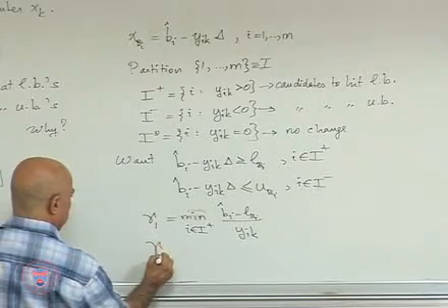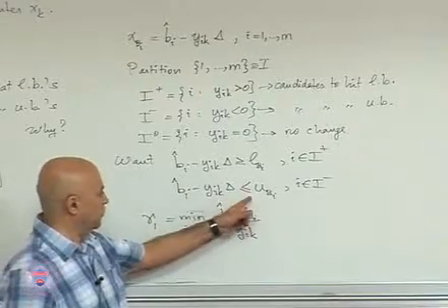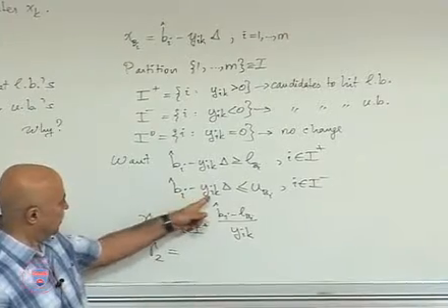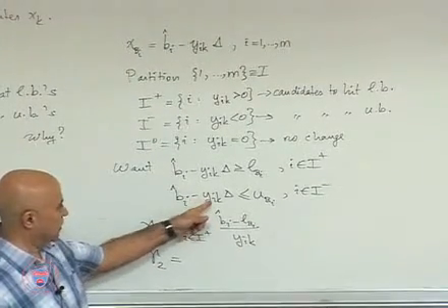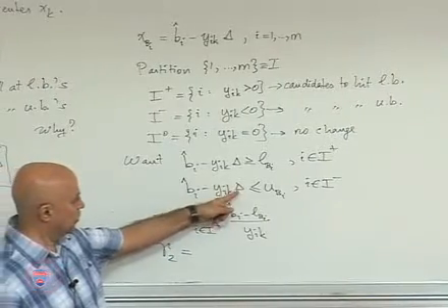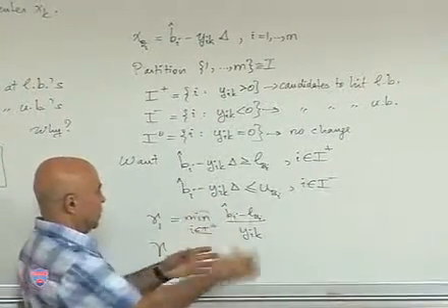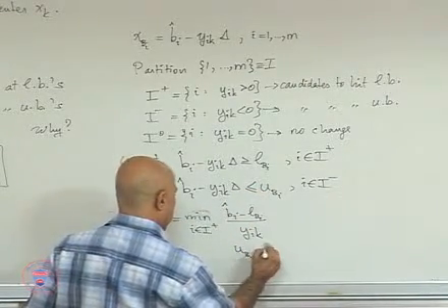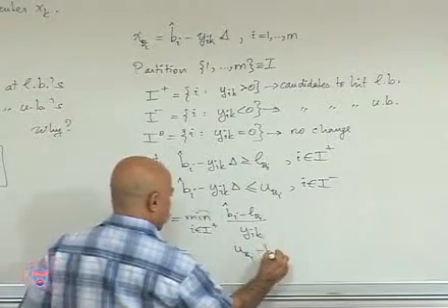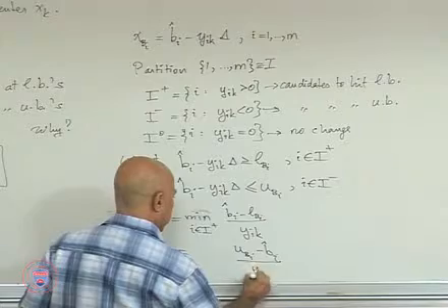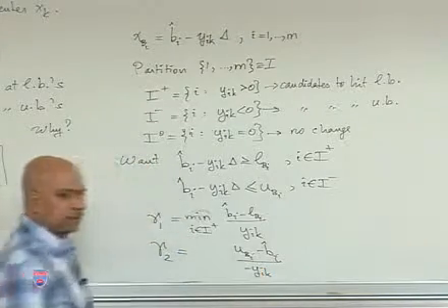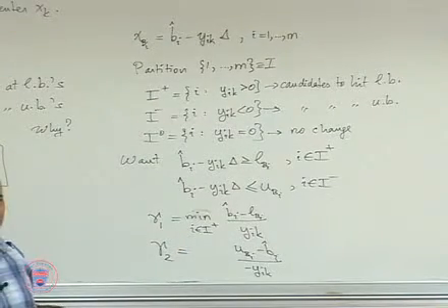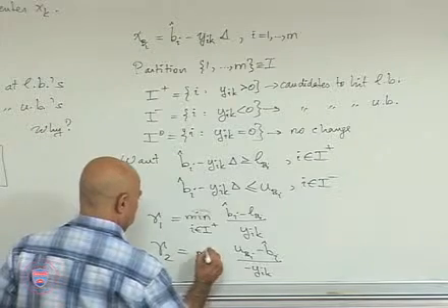And then you compute another ratio, gamma 2, for the second one. Here, y_ik is negative, so minus y_ik is positive. So delta will be less than or equal to u_Bi minus b_i cap divided by minus y_ik. Minus y_ik is positive, so when you divide by minus y_ik, the sense of the inequality does not change, and you're looking for the minimum of them.